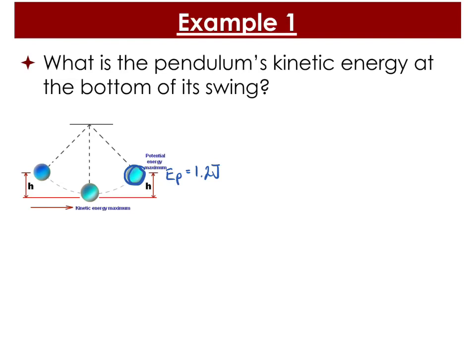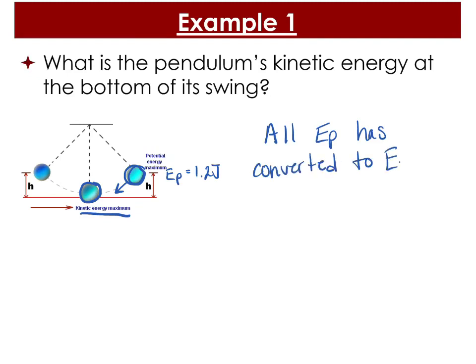So I want to know, what's the pendulum's kinetic energy at the bottom of its swing? At the bottom of its swing, it's at its maximum kinetic energy. Remember, when we have maximum potential energy, it should all be converted to maximum kinetic energy as it falls down. So it should be the same as your maximum potential, because here all the potential energy has converted to kinetic energy.